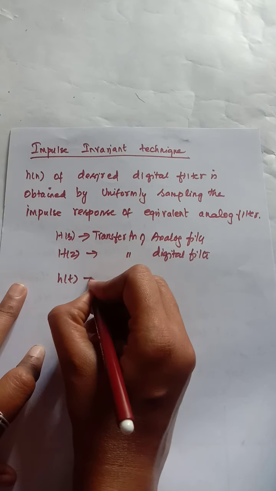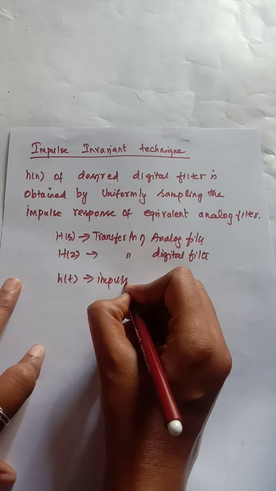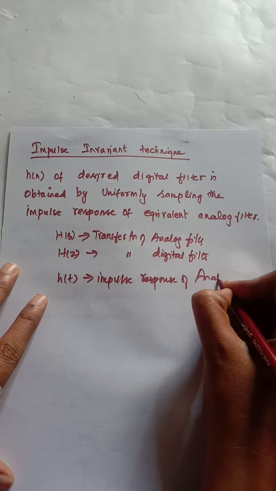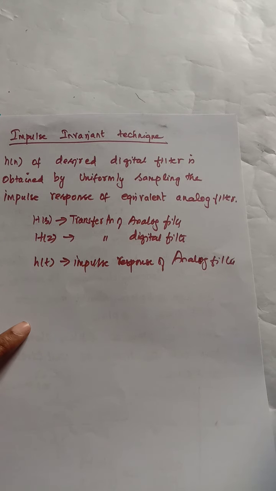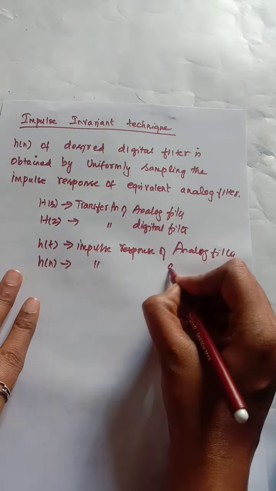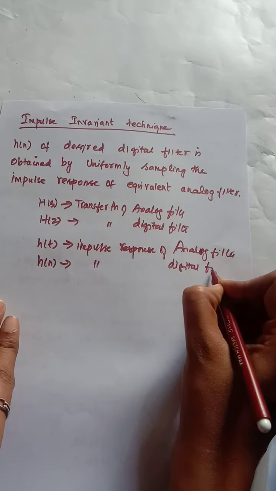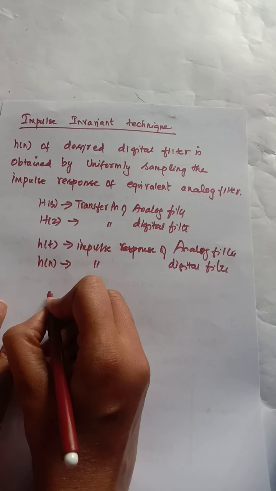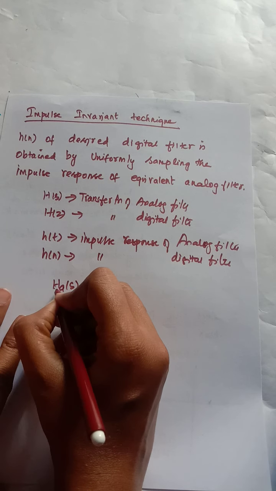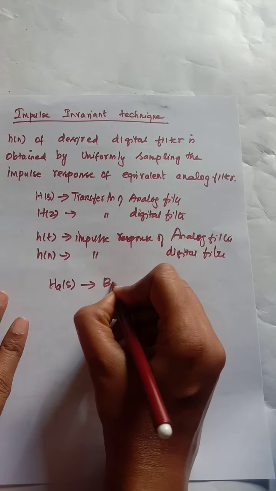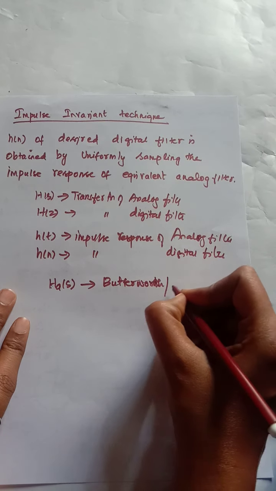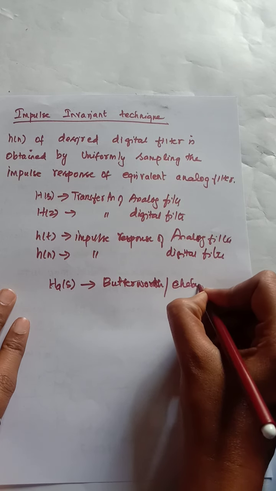Similarly, h of t is the impulse response of the analog filter, and h of n is the impulse response of the digital filter. Here we are designing only Ha of S, which represents the analog filter, using the Butterworth and Chebyshev filter techniques.